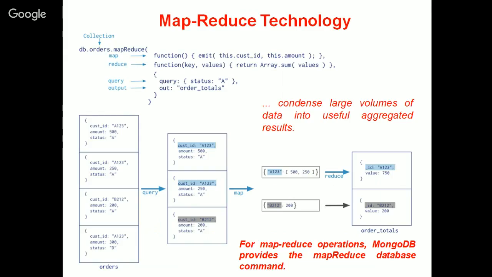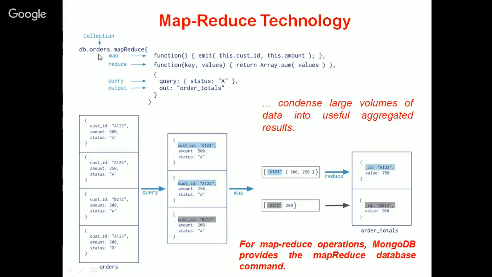And MapReduce, you might have heard about Hadoop technology, Hadoop and MapReduce, in which enormous data processing tasks, enormous instructions can be executed in microseconds or milliseconds without any overhead on the processor. So it is inbuilt in MongoDB.